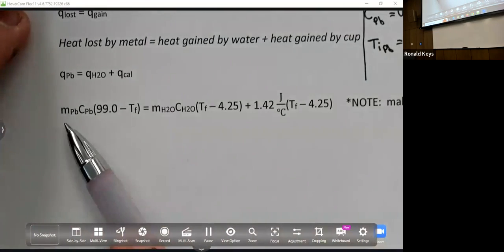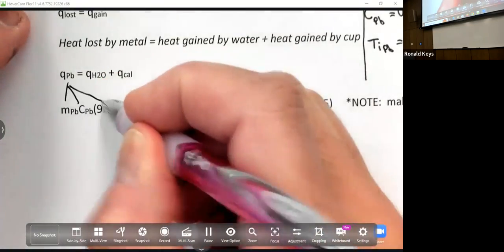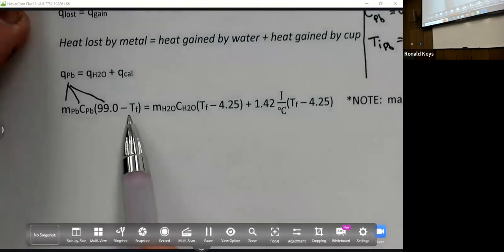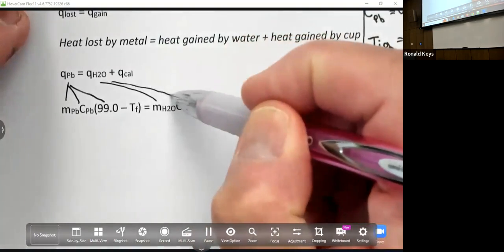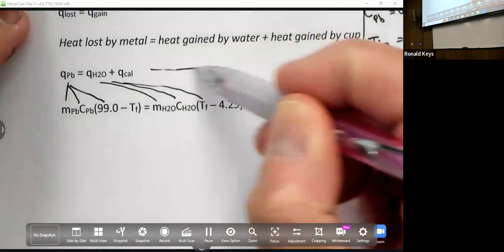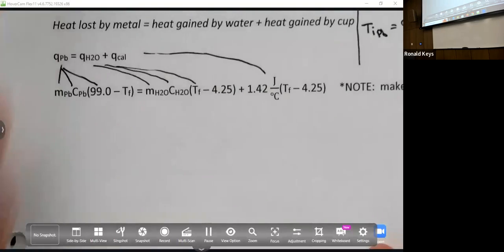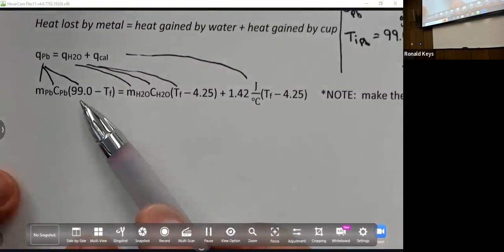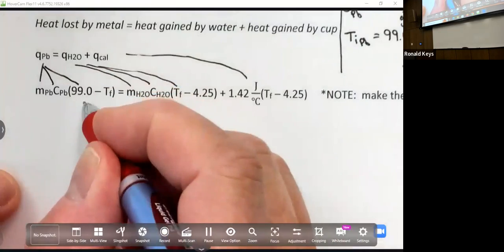So that's going to be the mass of lead, specific heat of lead, change in temperature. And of course, this is the water. This last part's the calorimeter. Now, again, the temperature change here has to be positive, right?